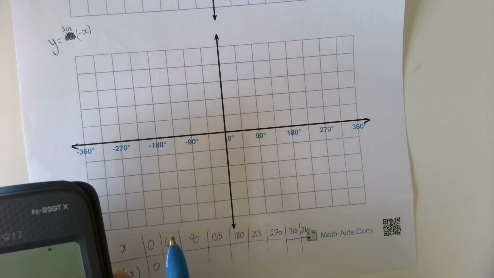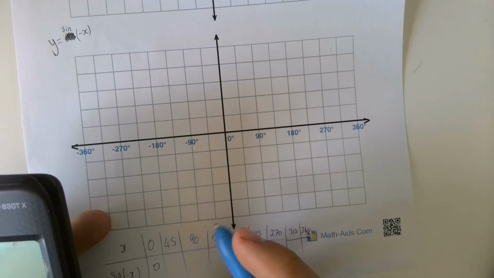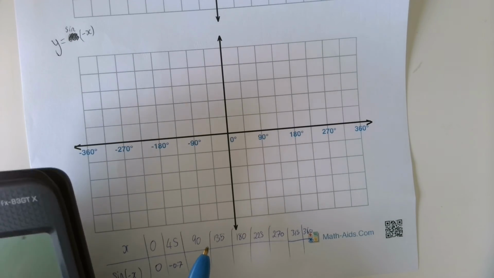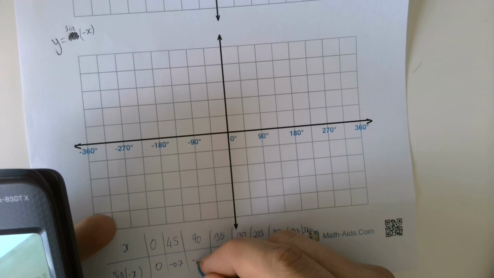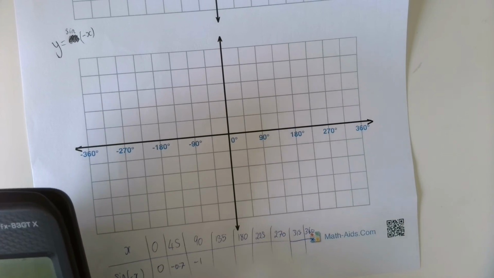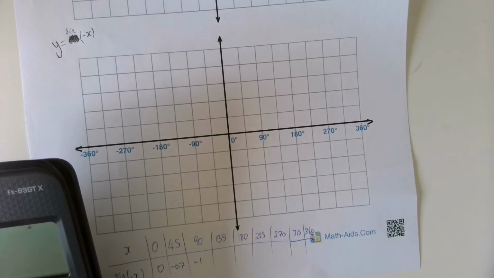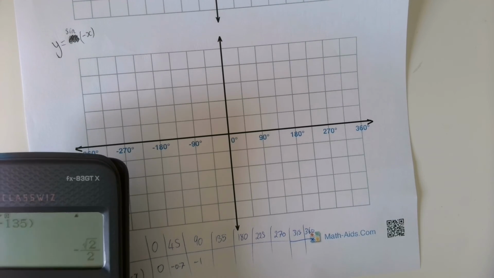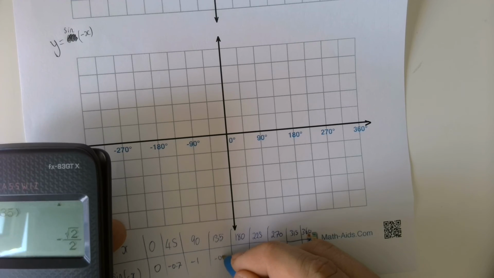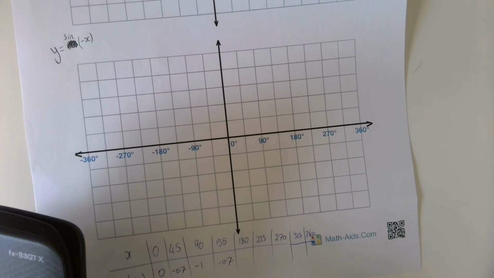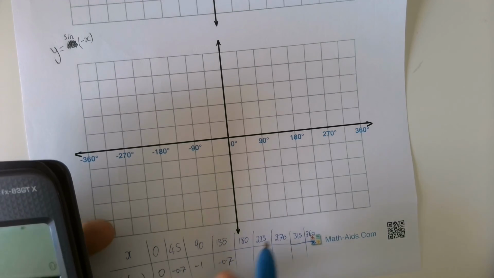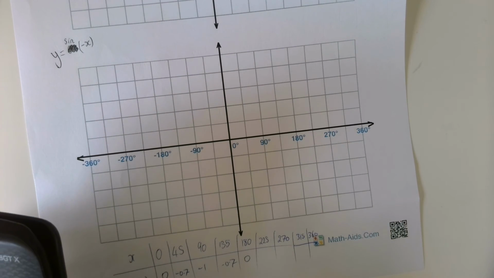Sine of negative 45 is minus 0.7. Sine of negative 90 is negative 1. Negative, where am I, 135 gives me minus 0.7. Sine of negative 180 gives me 0.